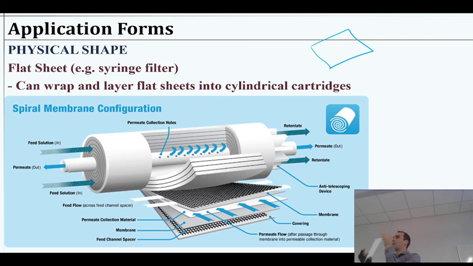And so if we keep it as a flat sheet, then the best we can do is put like two walls around it with water pipes to either side. And then we've got this somewhat thick unit that's taking up a fair bit of space, right? And if you needed 200 square meters of membrane area, then you basically need 200 square meters of these devices, right? That's not very efficient for space.